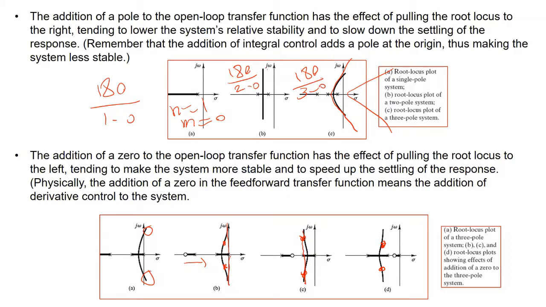So adding a zero, which is like adding a derivative, and we discussed derivatives in controllers, means more stability and a faster system. We have to keep in mind that these are the effects of zeros and poles.